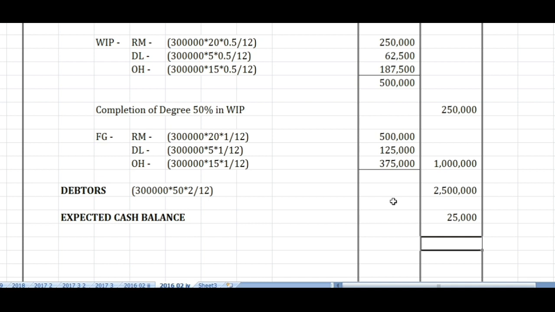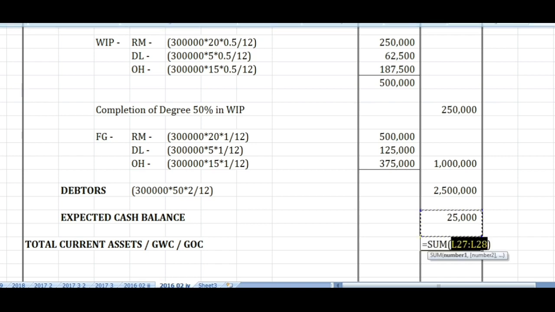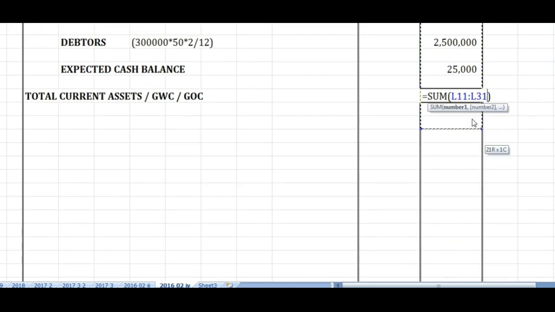Now we can find the gross working capital. Total current assets or gross working capital or gross operating cycle. The value of the gross working capital is 4.775 million.